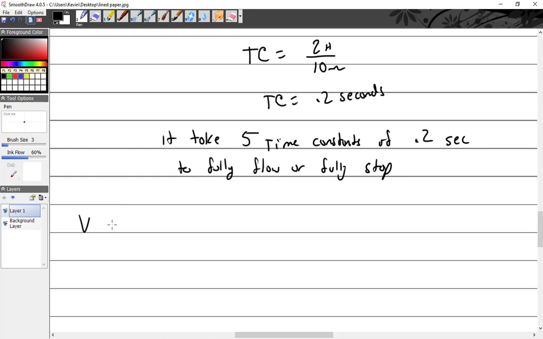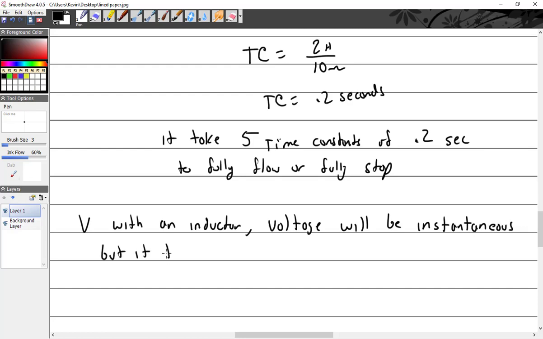So what is, with an inductor, voltage will be instantaneous. But it takes time for current to build up.